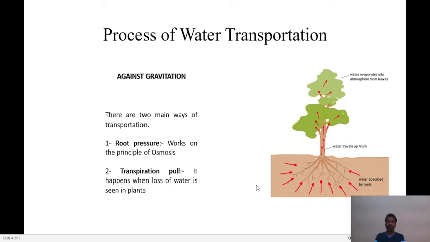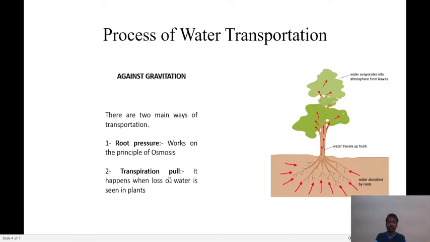Here the concentration will be higher, and there it will be lower. So the movement will occur from the higher concentration to the lower concentration. This is like osmosis. The principle of osmosis occurs and the root pressure is created. So the movement of water is from the root to the various parts of the plants. Water travels up to the trunk and various different parts of the plants.